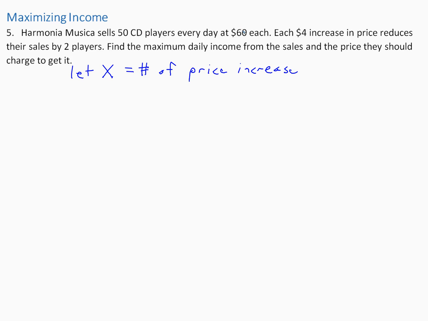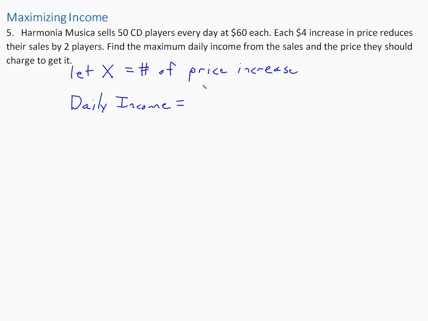Another thing, what we want to find is the maximum daily income. So we have to realize daily income, and I mentioned this before, is the number of CD players times how much you sell them for.